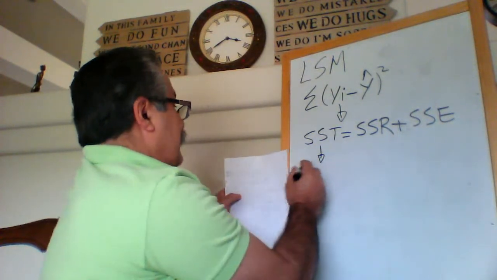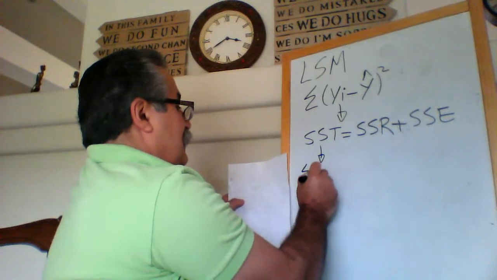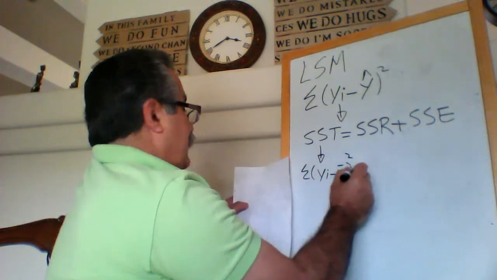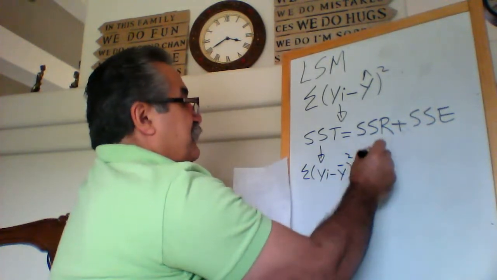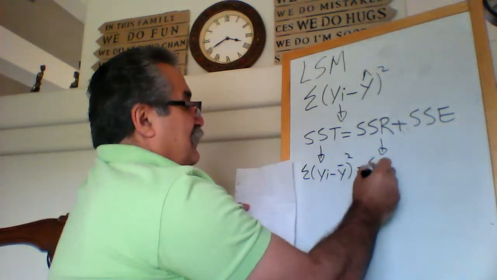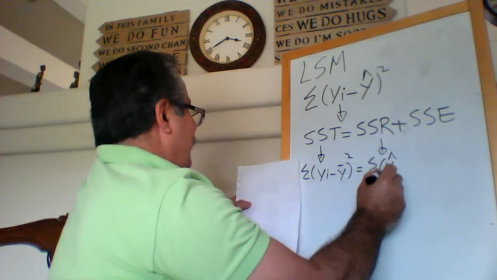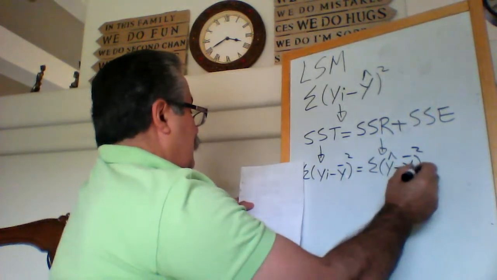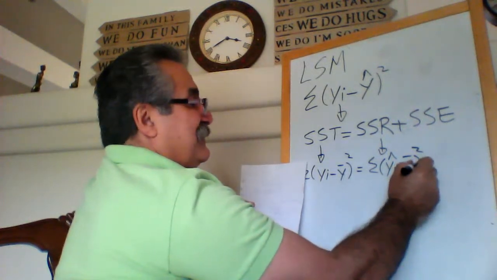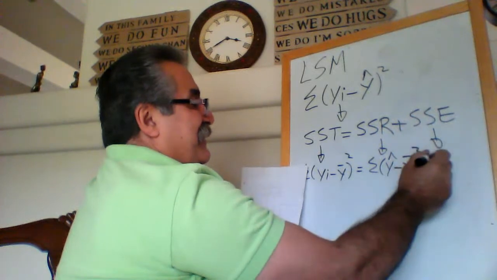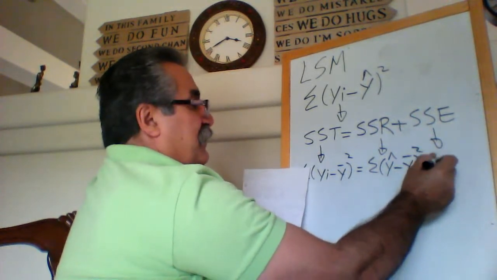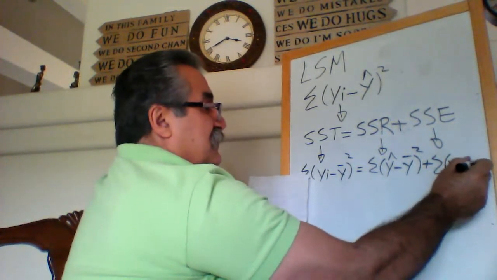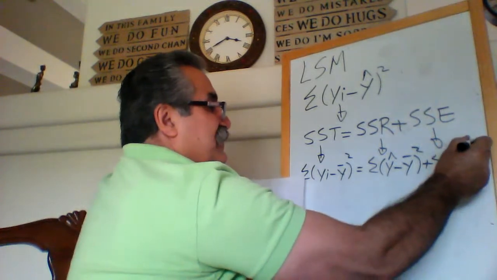The SST is actually sigma of yi minus y bar squared, equal to sigma of y hat minus y bar squared, plus SSE, which is sigma of yi minus y hat squared.